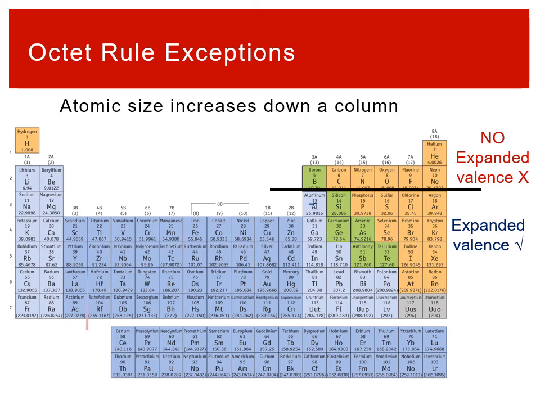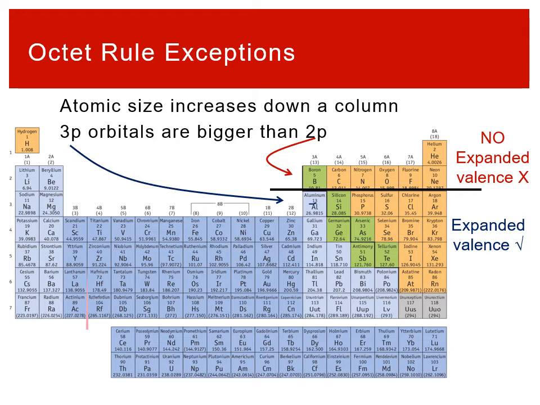The reason why, again, has to do with size. Atomic size increases down a column, and the reason why it increases is because the orbitals get bigger. We haven't really talked about orbitals since we moved into Lewis theory, but underlying this is still the same quantum mechanics. 3p orbitals start to be the valence for things like silicon, phosphorus, sulfur, whereas when it's carbon, nitrogen, oxygen, those are 2p.